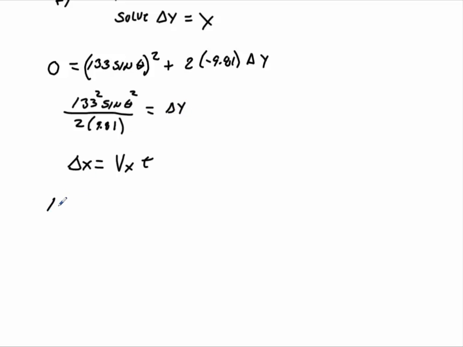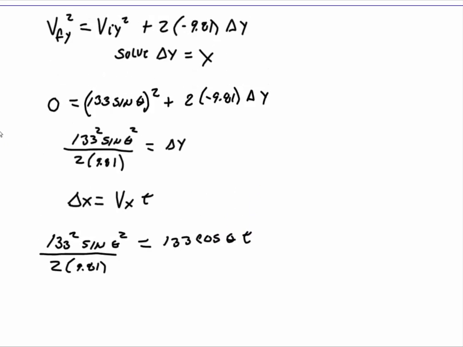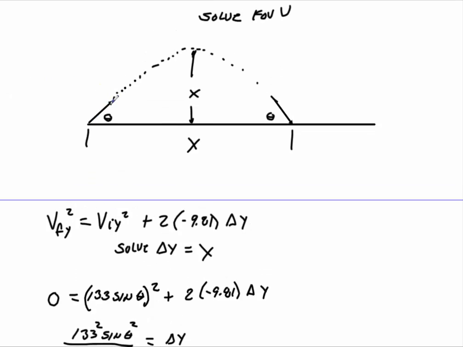So we'll put in 133 squared times sine of theta squared over 2 times 9.81, equal to our Vx, which is 133 times the cosine of theta, times time. Now time is based upon how long it takes to go all the way up and come all the way back down.